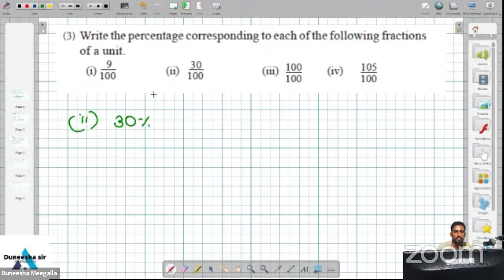As a percentage, write the percentage corresponding to each following fraction of a unit. The third one is 100%. Fourth one is 105%. Yes, 105%. Okay.